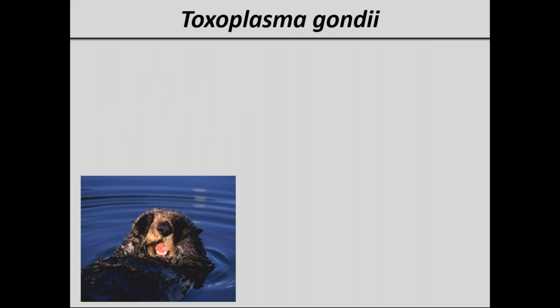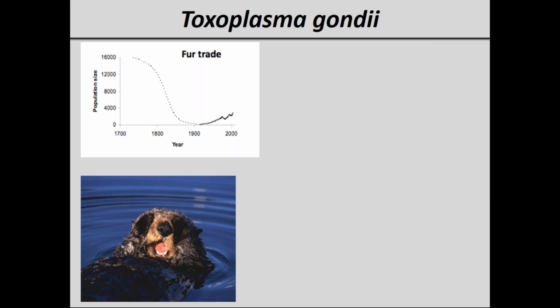I thought I would give you a little background on how Toxoplasma gondii relates to this story of the sea otter. Personally, I became interested in Toxoplasma gondii oocysts when I was doing my PhD work, because the impact that Toxoplasma infections were having on the recovery of the southern sea otter population in California had only recently been discovered.